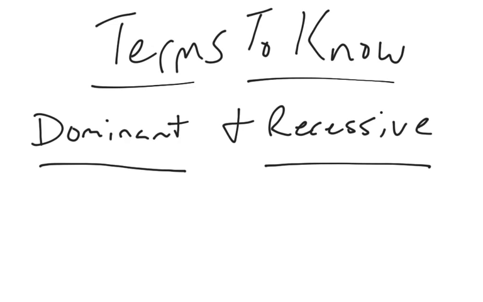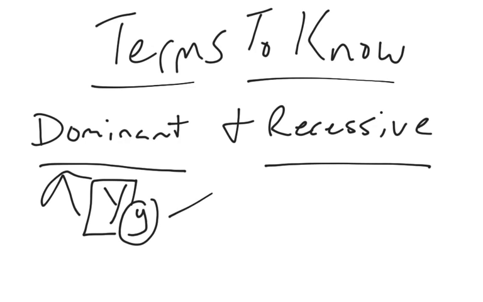Because what happened was, let's say we had a person who has, we'll go with seed color here. So big Y is yellow, little y is green. Okay? So little y refers to recessive. The lowercase letter refers to recessive. The capital case letter refers to dominant. Okay?